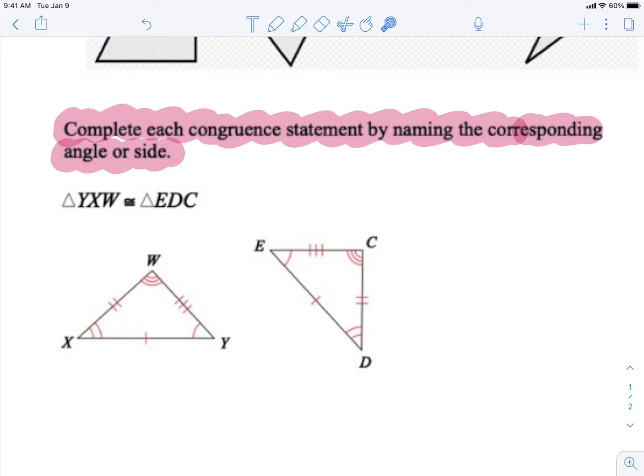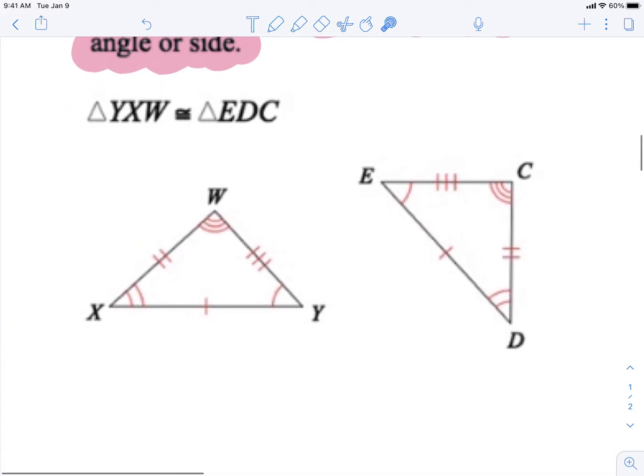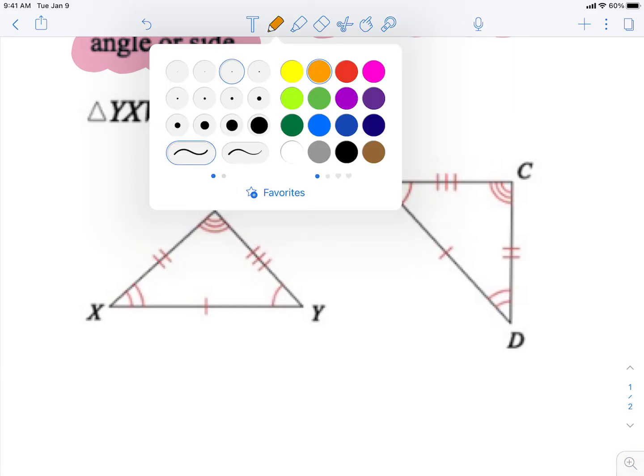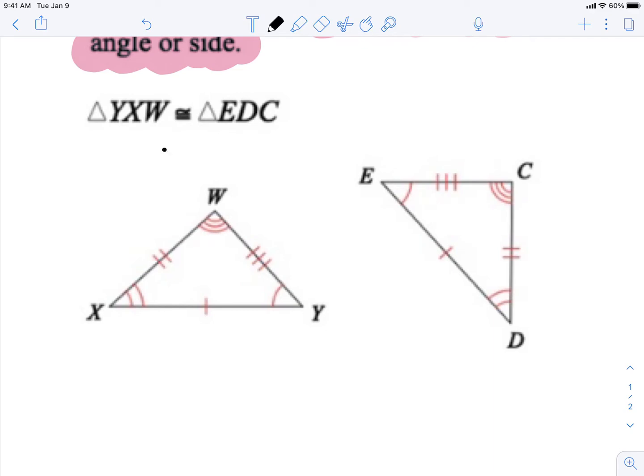As we can see here, triangles have 3 points, that's why they're named by 3 letters. Hence, this says triangle YXW. Now this shape here, which is kind of unclear, so let me make it a little bigger like this, is an equal sign with a little squiggly on top. That means congruent.